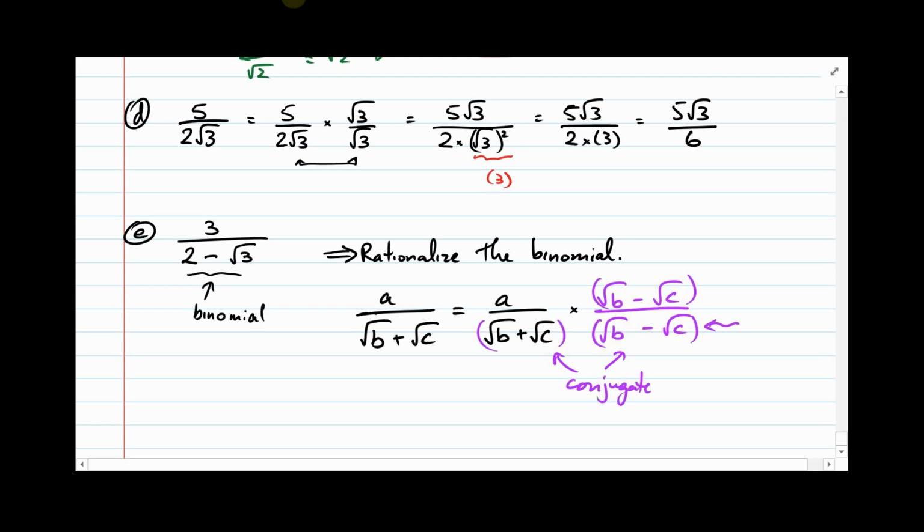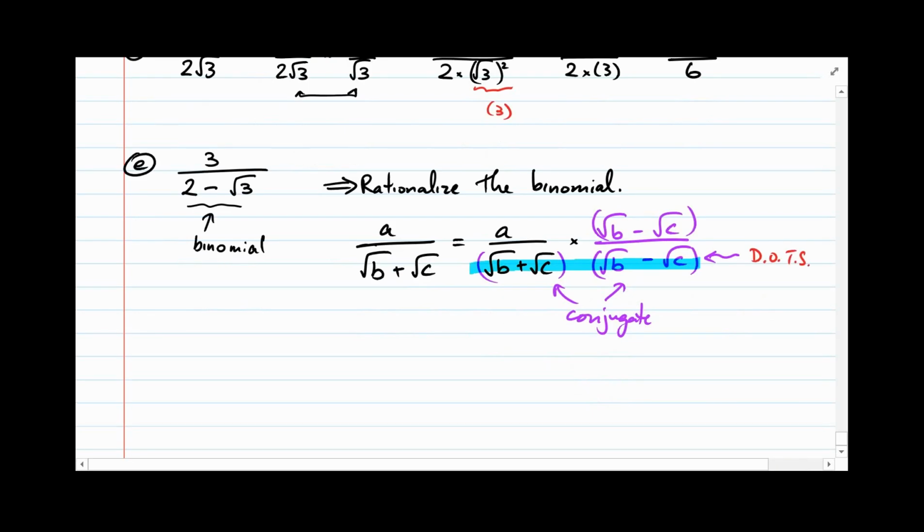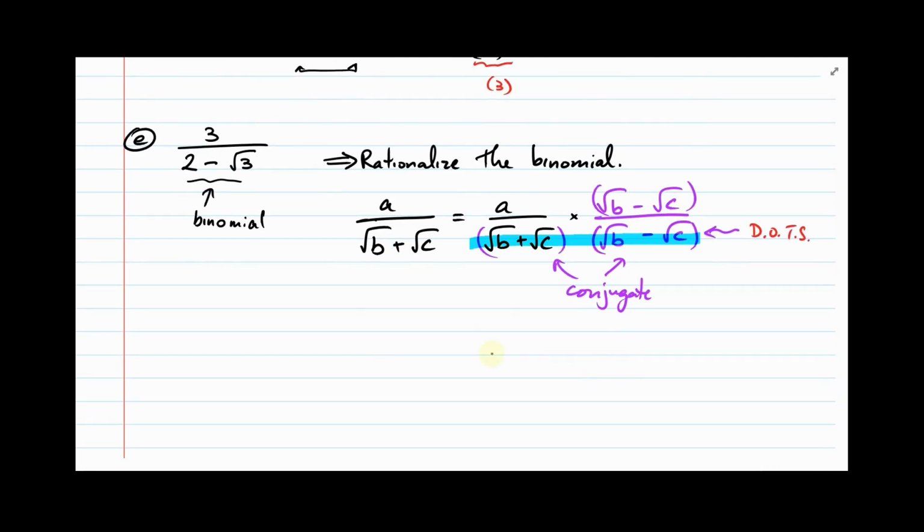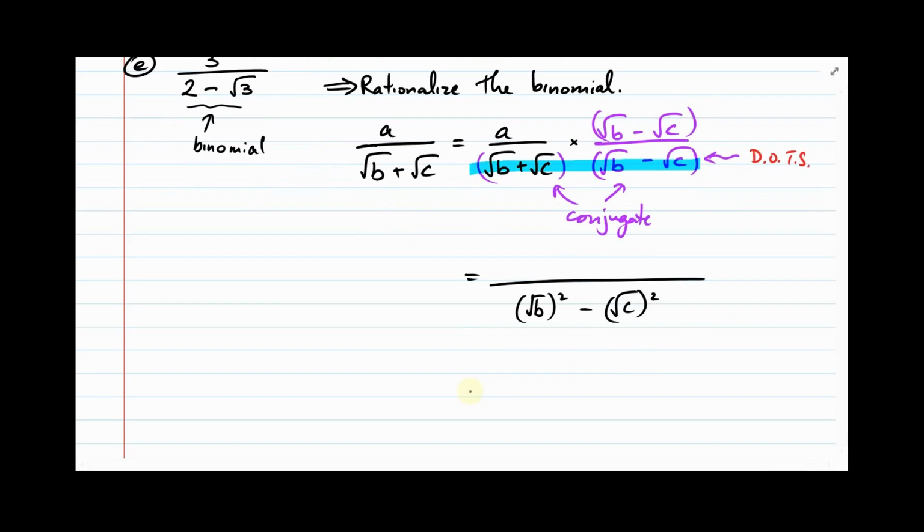Recall that for your denominator here, this is nothing more than the difference of two squares. So at least that denominator will now look like root b all squared minus root c all squared, or simply b minus c.